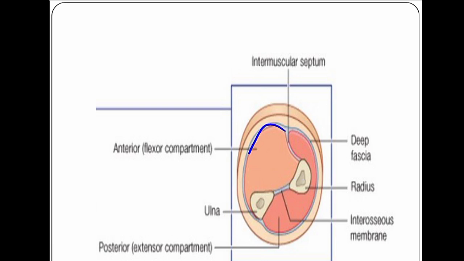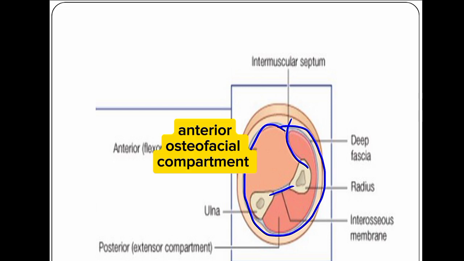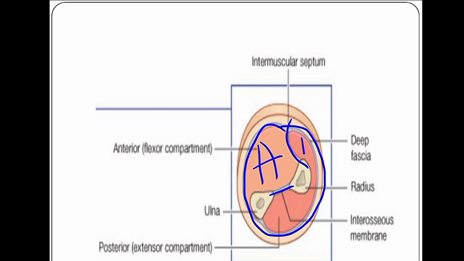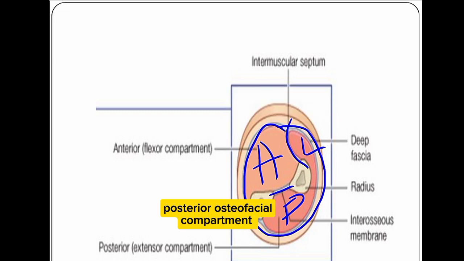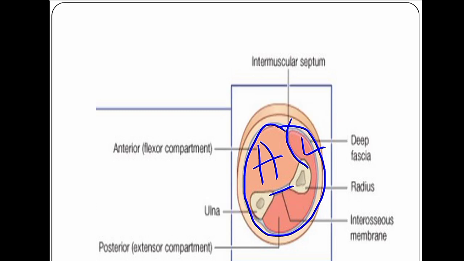Now you can see a wrapping sheath of deep fascia with its interosseous membrane and intermuscular septa divides this forearm into three main compartments, anterior, lateral, and posterior compartment. Each compartment has its own muscles, ligaments, nerves and arteries.